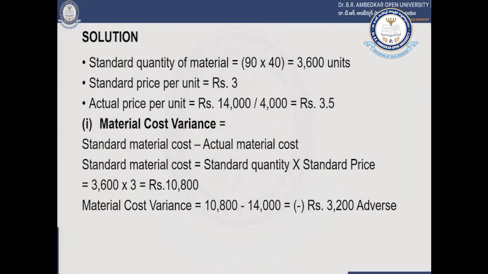I already mentioned that the material cost variance is 3,200 and it is a function of material price variance and of material usage variance. So if you take that whole thing as a function, the material cost variance is equal to material price variance plus material usage variance. Both components should be equal.